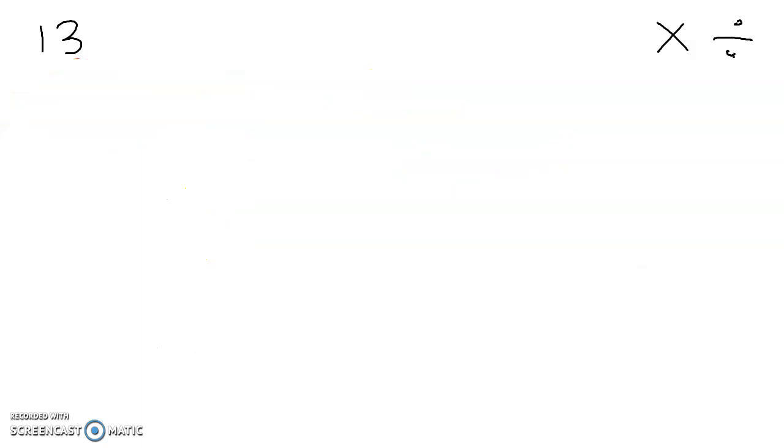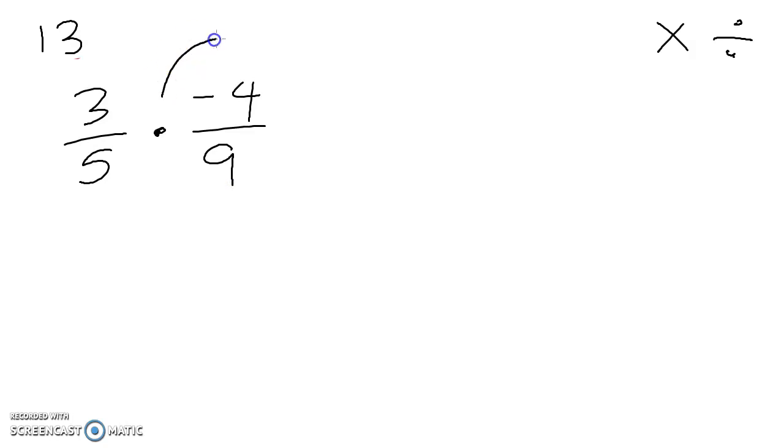Part F has us writing 3/5 times a negative 4/9. Okay, again, this little dot means multiplication. You can rewrite it that way if you'd like, but that's just what it means. When we are multiplying fractions, it's nice because we get to just multiply straight across, both on the top and the bottom.